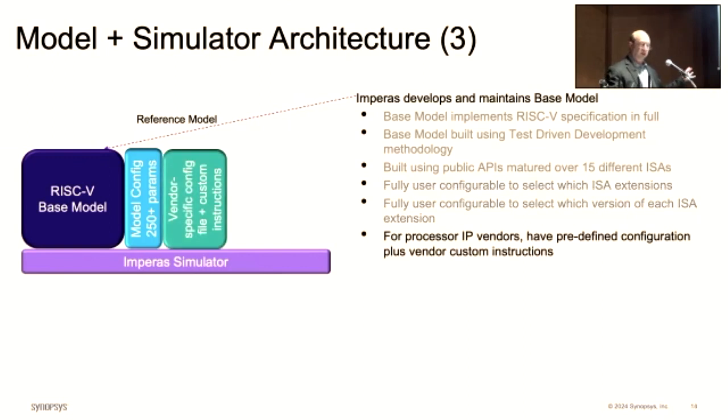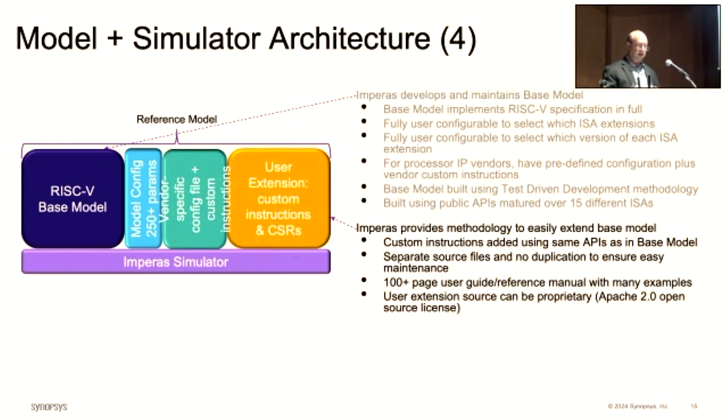For the processor IP vendors, we have another configuration file that also adds in the custom instructions, which some of the processor IP vendors have. And then we have this user extension library for custom instructions and CSRs. What this means is that custom instructions are in a separate file from the base model. So when you add whatever your custom instruction is, it does not perturb the base model.